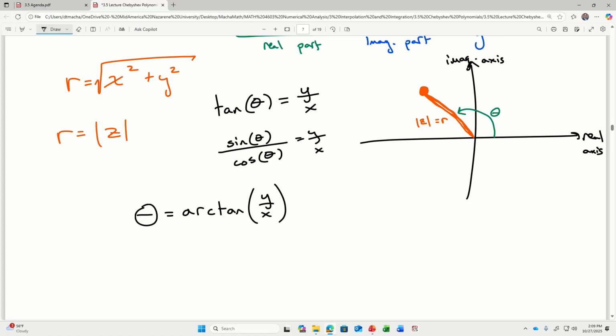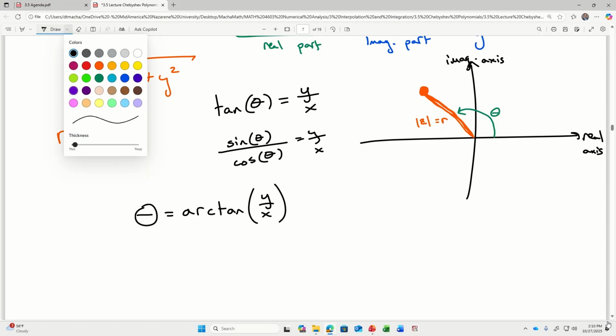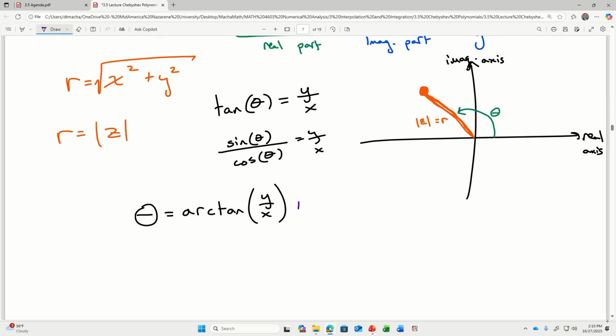Because in the second quadrant, the real part is negative, the imaginary part is positive, and so I've got positive divided by negative is negative. And then over here in the fourth quadrant, the real part is positive, the imaginary part is negative, and I still have negative divided by positive, so I still have a negative argument, and you can't tell the difference. And so if you've got a complex number in the second or third quadrants, then all you need to do to get the right answer is add pi.